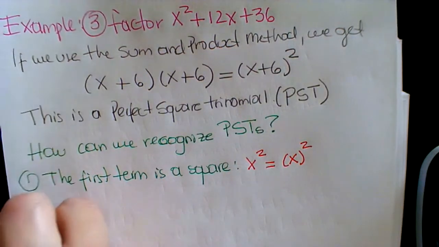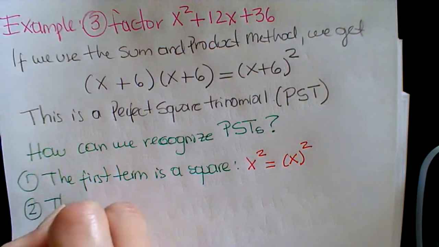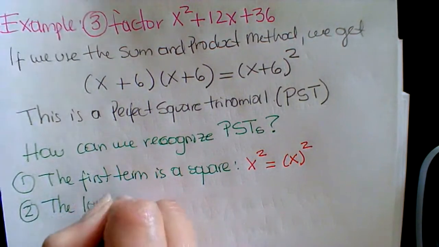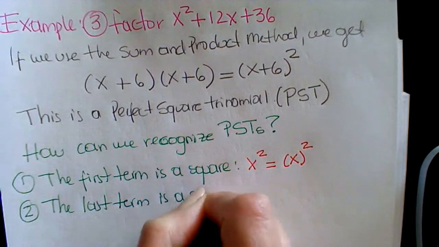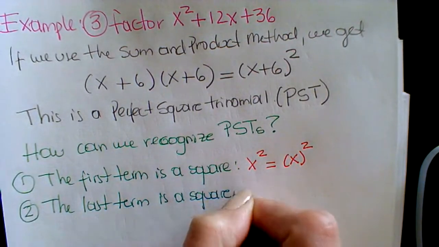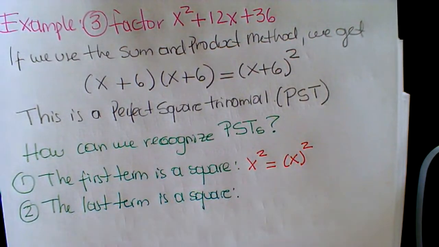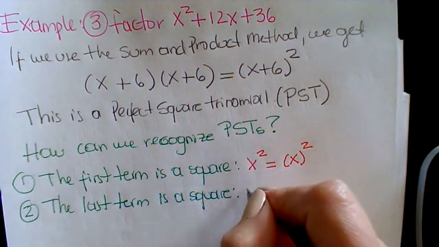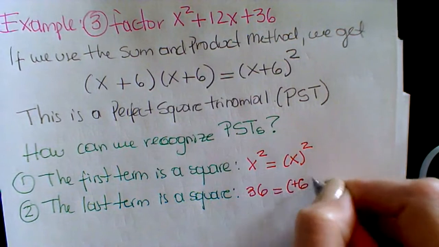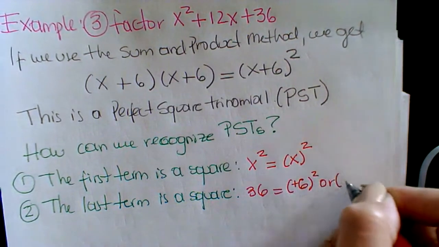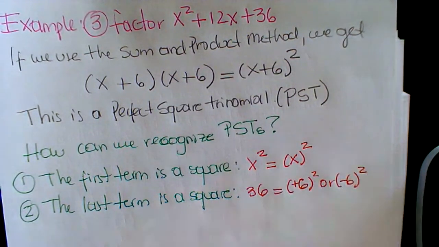Now, the last term is a square. Let's check. 36. So it's 6 squared or negative 6 squared.